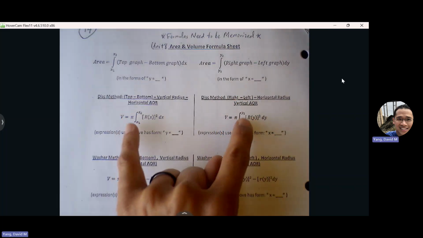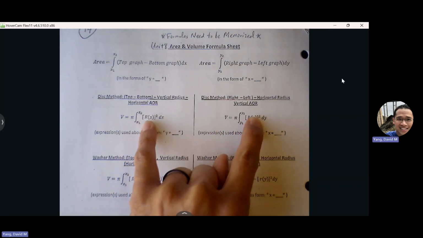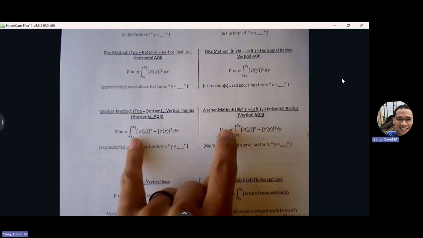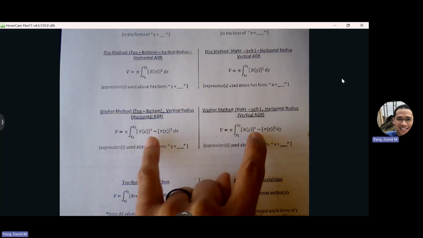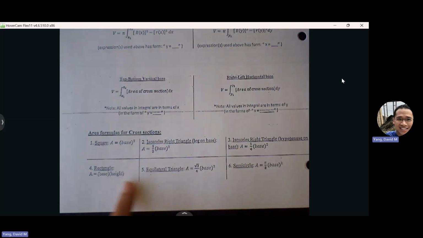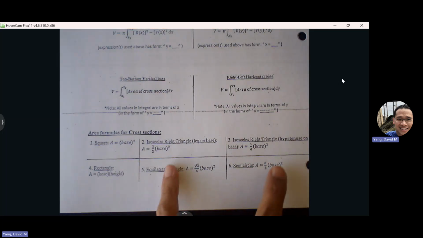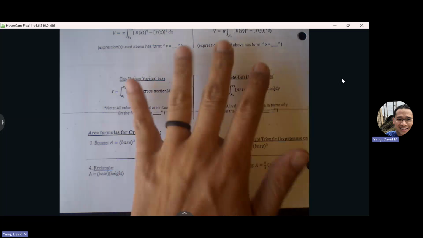So remember, with this washer method, our radius is squared. For washer method, make sure that your big R and your little r are squared separately. And then for cross section, we just did those, and we have formulas associated with it. Most formulas are involving base squared, except for rectangle.